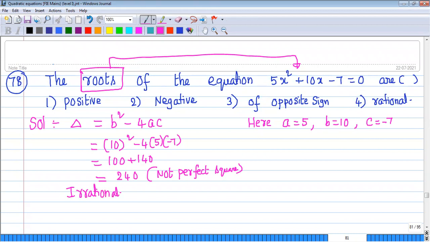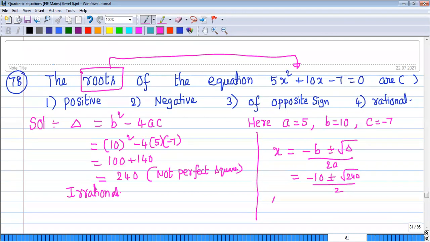Now we need to go for the sign. So x is equal to minus b plus or minus root delta upon 2a. So minus 10 plus or minus root 240 upon 2. Here one root, say alpha, is equal to minus 10 plus root 240 upon 2.